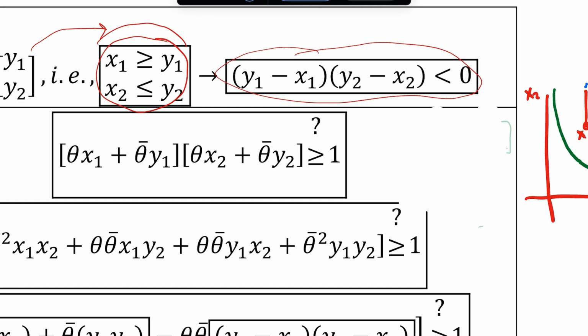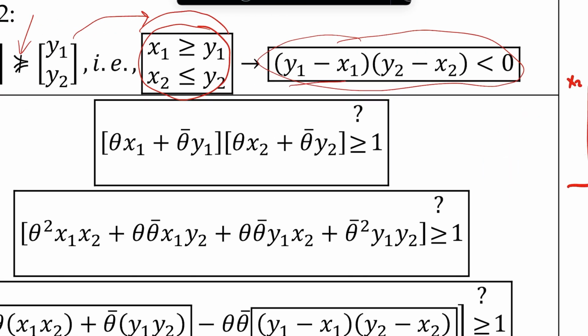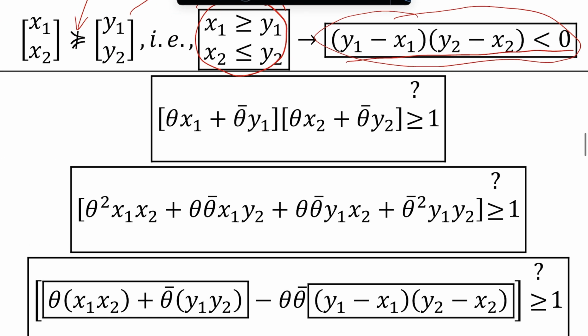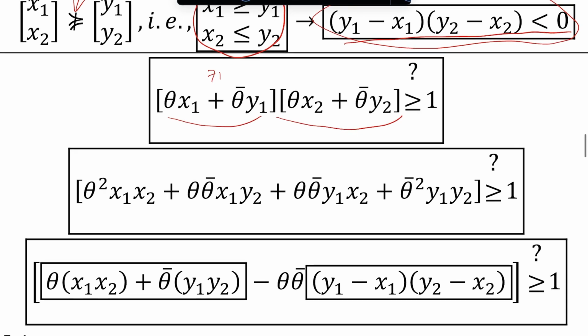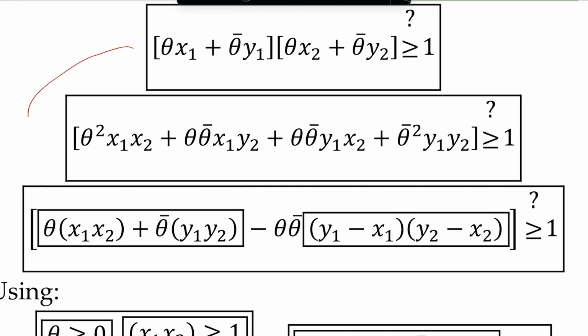Let me clean this space. Alright. And let's look at if that is the case. Again, we start from the beginning. So this is basically z1 and z2, the multiplication of the first and second term, and then we're expanding.